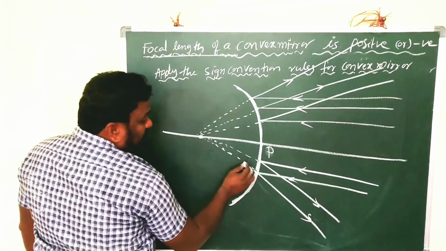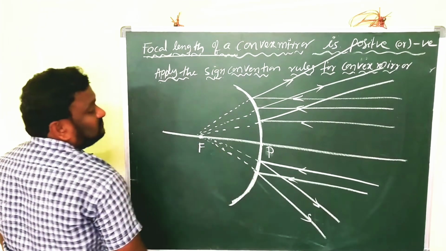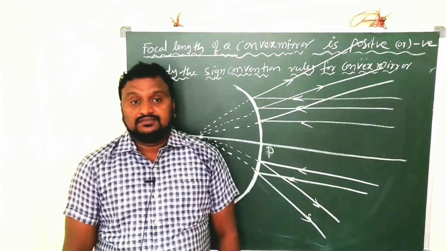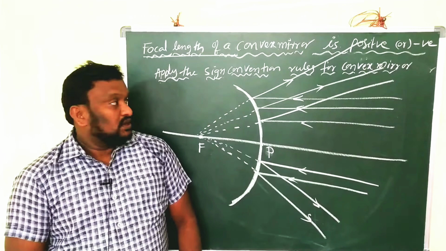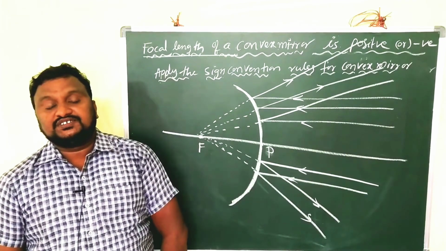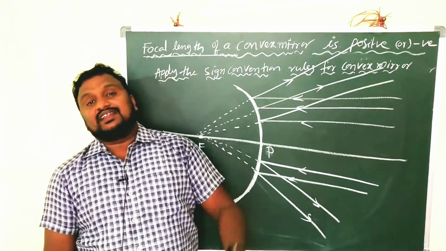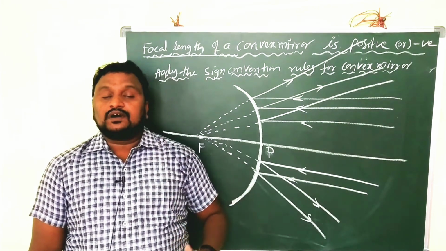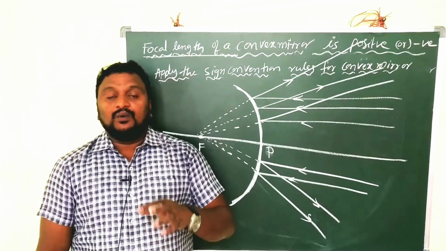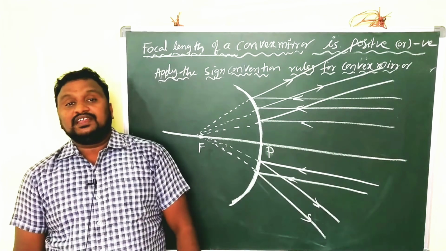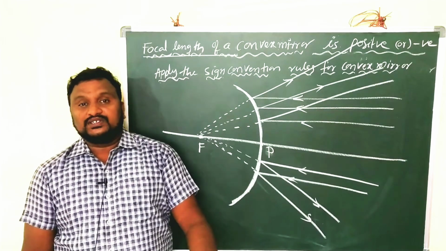That point is what we call the focus. The rays are coming from a long distance, and after reflection we extend the reflected rays. All of you know the convex mirror always forms a virtual image. By extending the reflected rays we get an image, and that is what we call a virtual image.